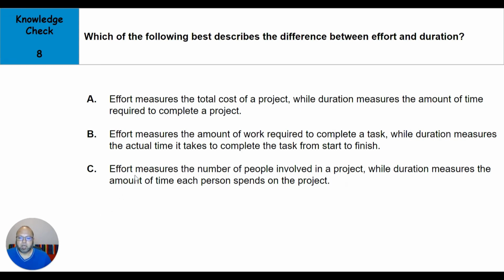Or C. Effort measures the number of people involved in a project, while duration measures the amount of time each person spends on the project. The answer is B. It measures the amount of work required to complete a task, while duration measures the actual time it takes to complete the task from start to finish.